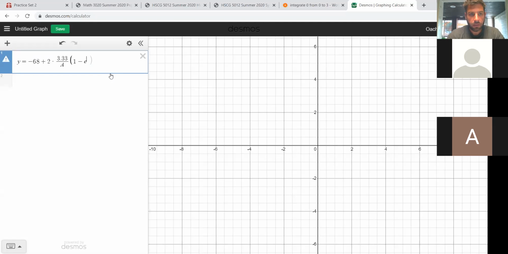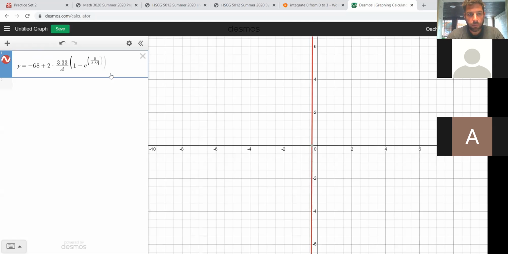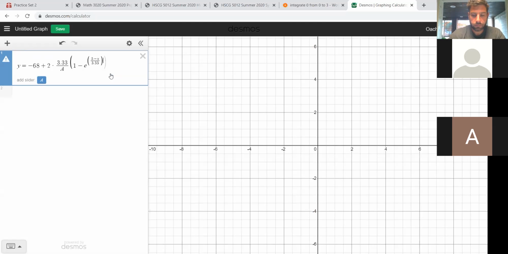So it's 5 over our 3.33, but it's 5 minus the variable here. So this is one piece. And what piece is this that I'm doing right here? This is the piece 5 less than or equal to x less than or equal to 10.